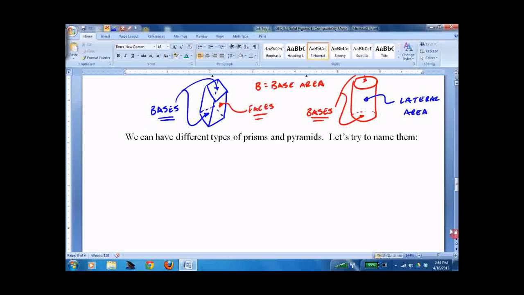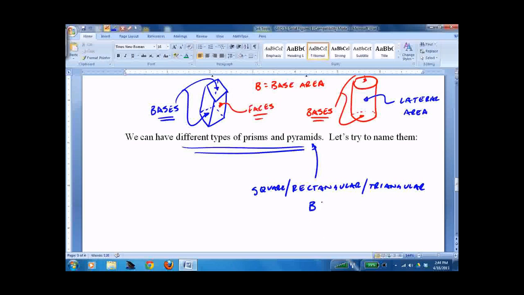So we can have different types. We can have a rectangular, square, triangular base. The prism one we did was the same idea.